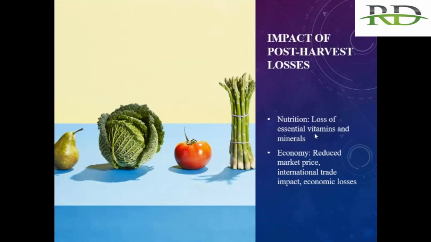So produce quality is so important that if it is not maintained, there is loss of essential vitamins and minerals. We are not getting the desirable vitamins and essential amino acids, which also creates deficiency in our body.